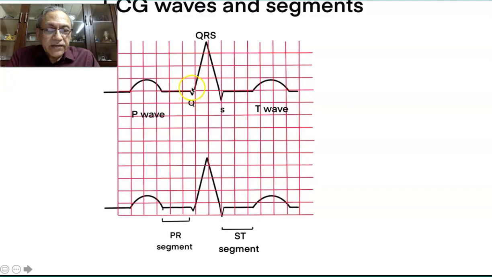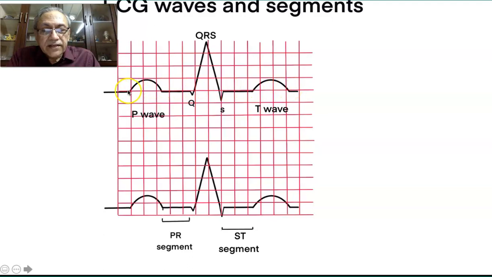Q is the first negative deflection in the QRS complex, and then the upward or the positive deflection is known as the R wave, followed by the S wave, which is the second negative deflection, and this is followed by a segment which is isoelectric, and this is followed by another wave. This is called the T wave.